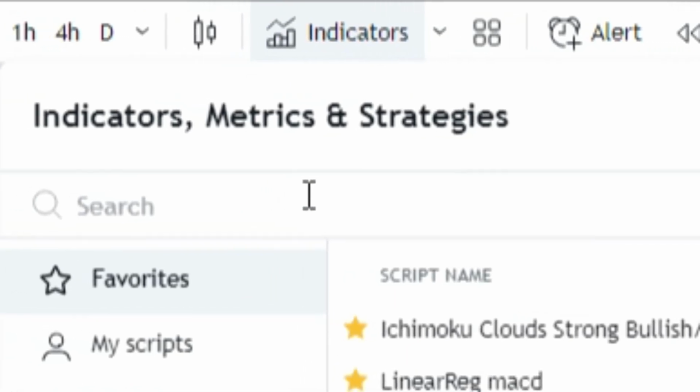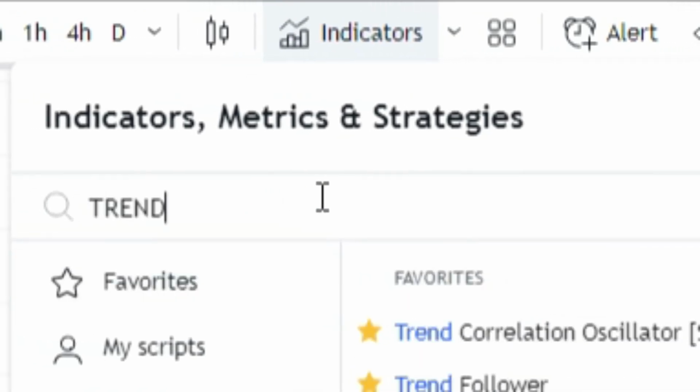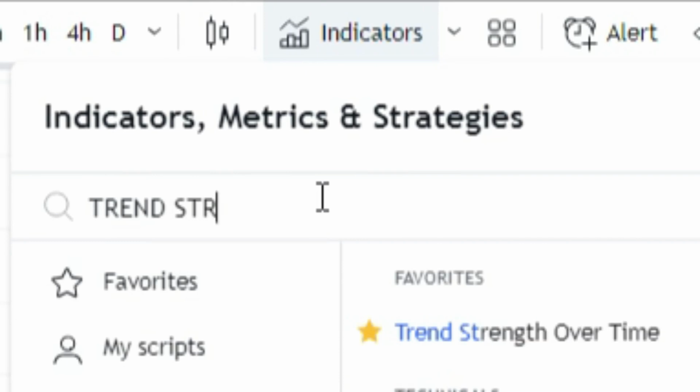I recommend using another great indicator called Trend Strength over Time. You can add it to your chart from the indicator section.